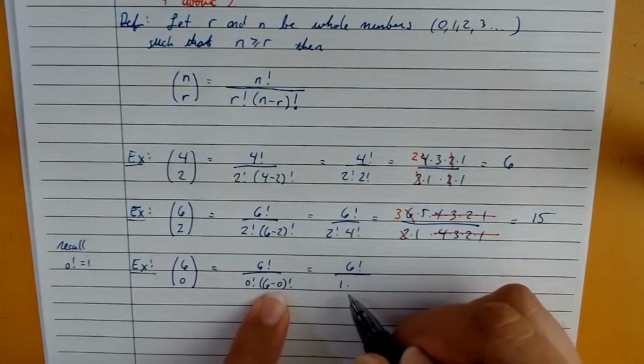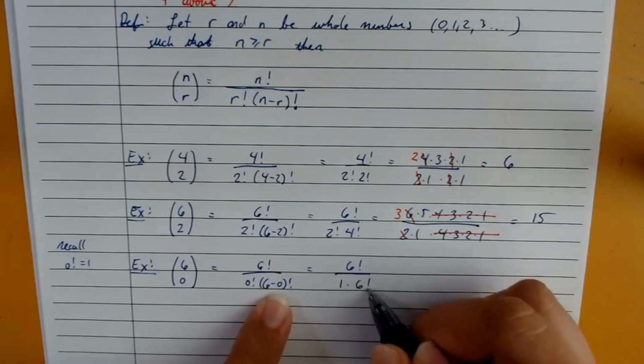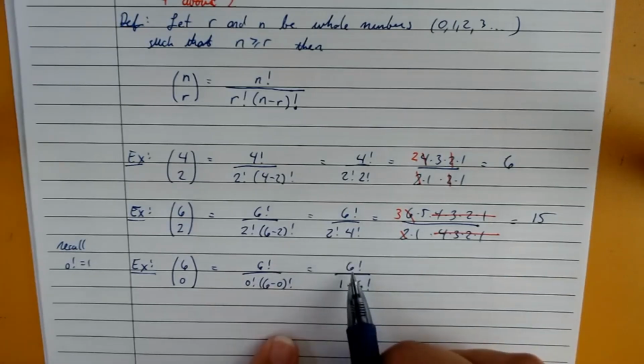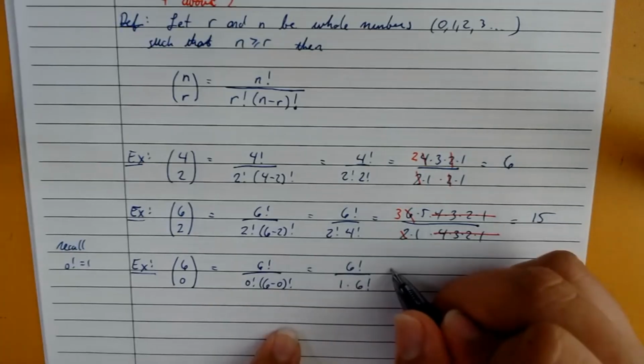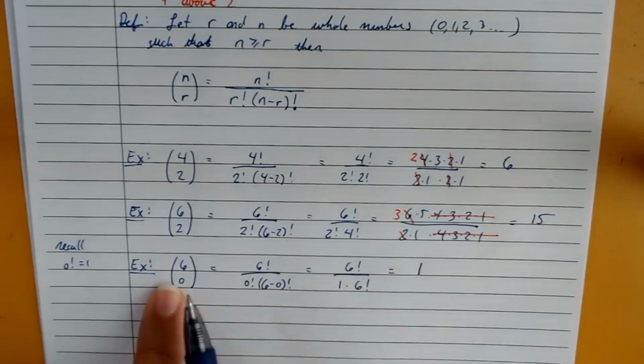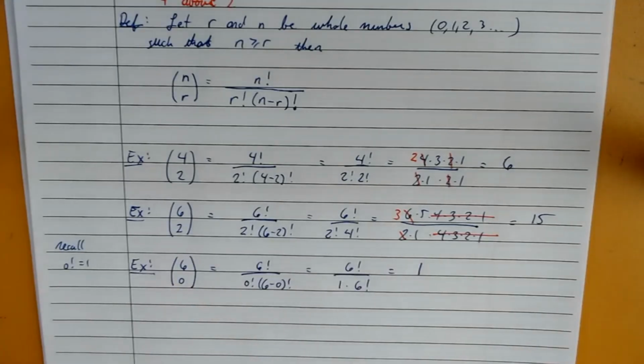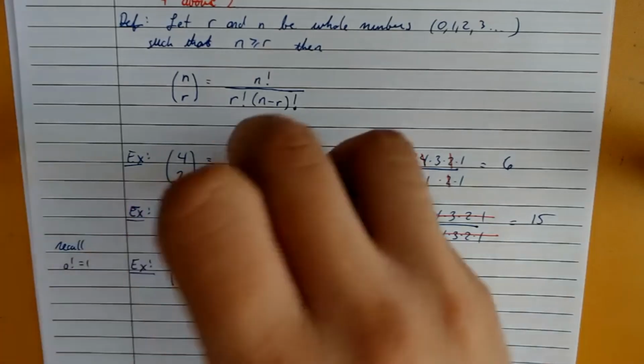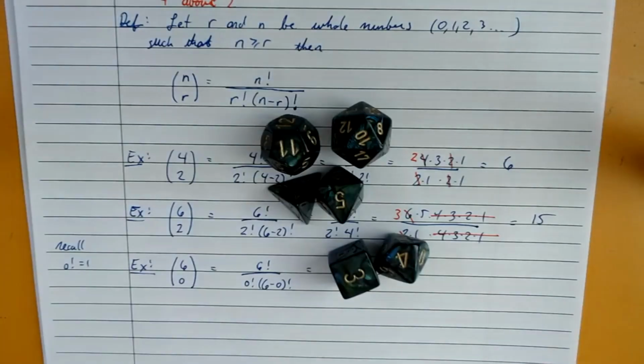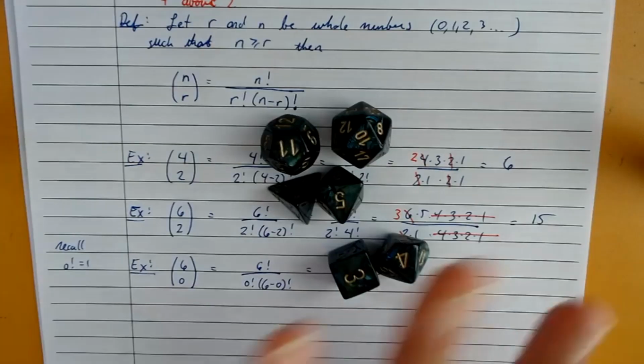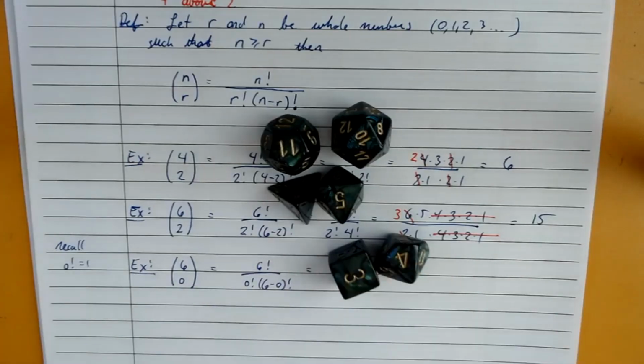Times 6 minus 0 is still 6. And here these numbers divide away. A number divided into itself is the number 1. So sure enough, even by this definition, it matches what we would think of from a physical example. You have 6 different dice, and I tell you you're allowed to take absolutely none of them. Well, there's only one way to do that, and that's by saying, okay, I guess I'm not taking any of them. Say goodbye to them, and that's it.